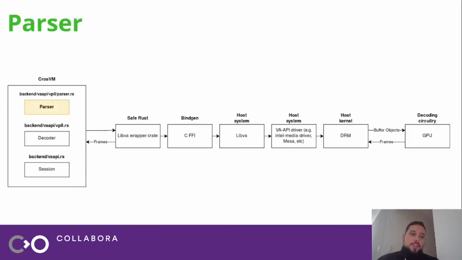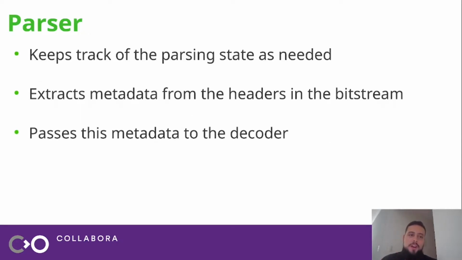So now we should talk a little bit about each of the three constituent parts of the Crosvm backend implementation, starting with the parser. The parser will be keeping track of the parsing state as needed, and it'll extract metadata from the headers in the bitstream, and it'll pass this metadata to the decoder.